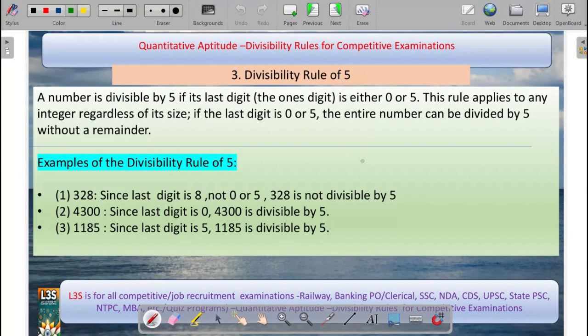So first, for any number, if we need to see if it is divisible by 5, then we have to see the last digit. Say, for example, 328.